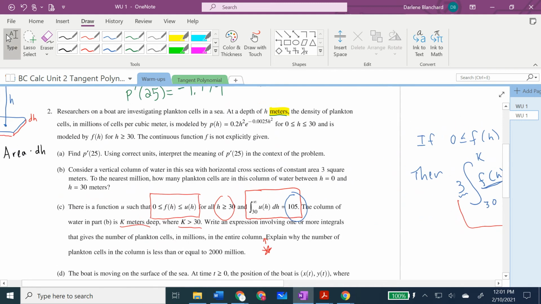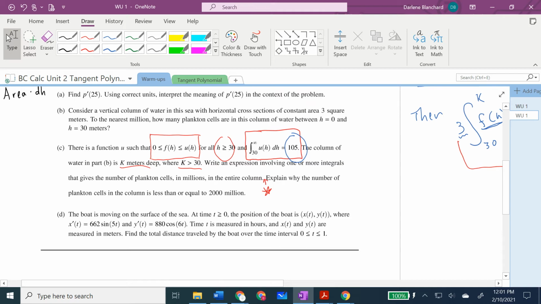And if you go back and read through the problem, it says that the P function is the density between 0 and 30. But the u function, where did that go? I'm trying to find where it says it.